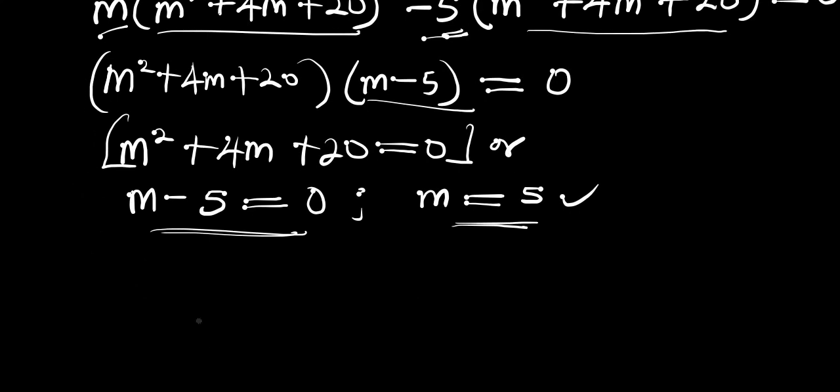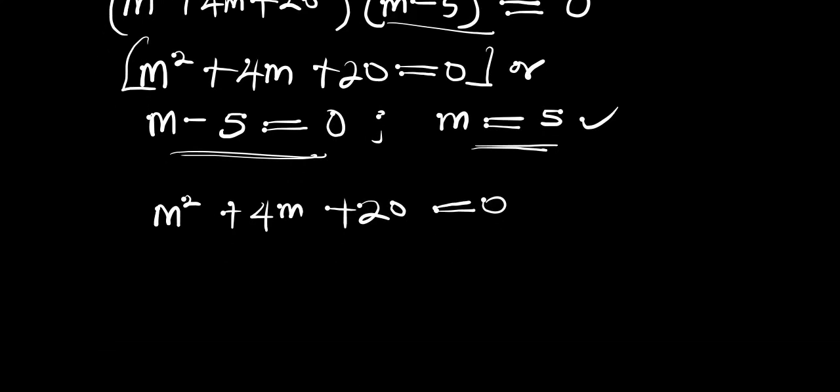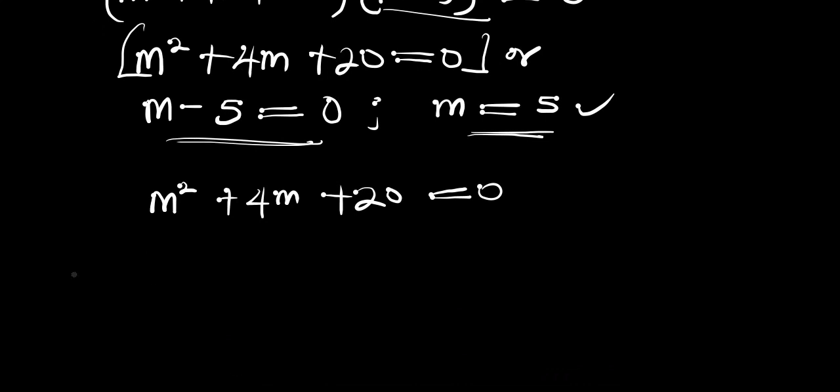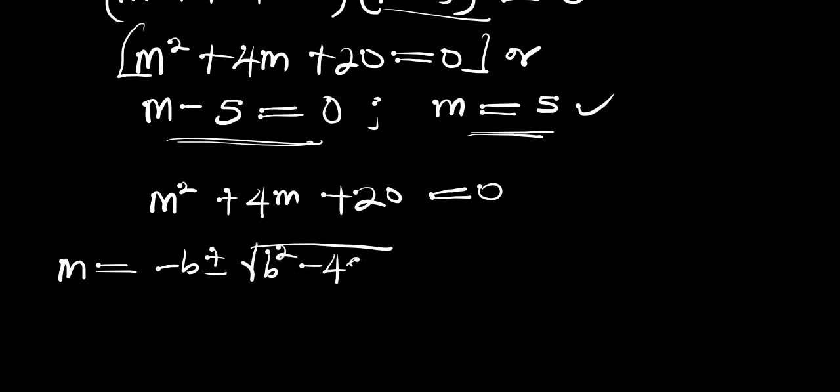Now what we are going to do is we have m squared plus 4m plus 20 equals 0. From here we can make use of the formula method. We have m equals negative b plus or minus square root of b squared minus 4ac, divided by 2a.